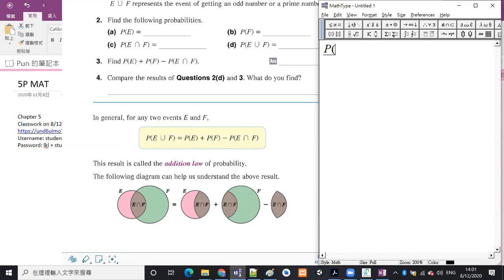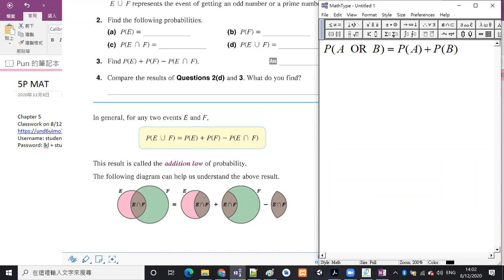If there is the probability of A or B, if we are going to find the probability of two events joining by the word or, then that will be like this: P(A), the probability of event A itself, plus the probability of event B itself.